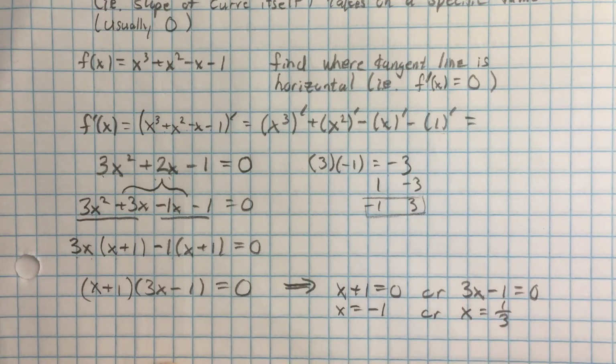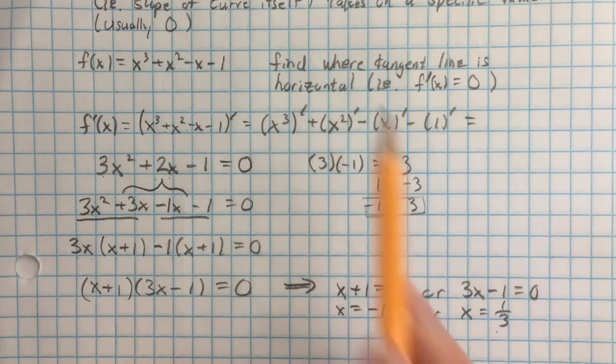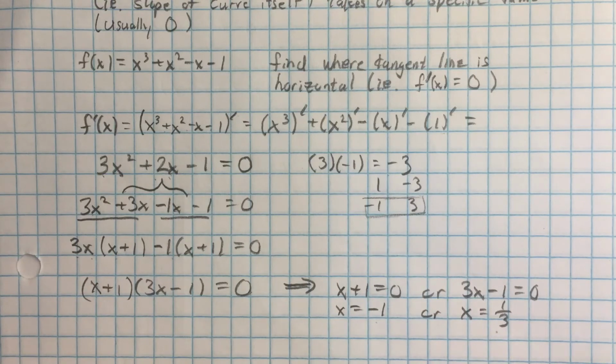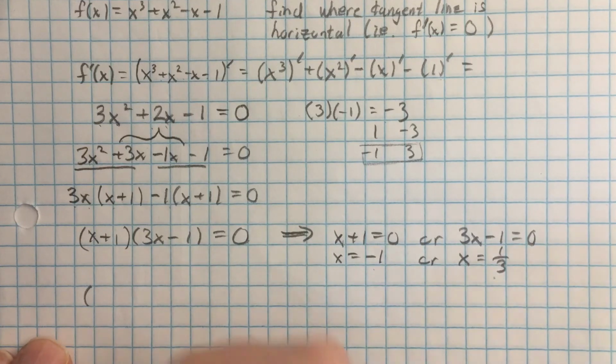All right, so we have the locations along the x-axis, -1 and 1/3, where the derivative becomes 0, which means the tangent line there will be horizontal. Okay? Now we just plug these numbers back into the original function to get the full coordinates for these points.